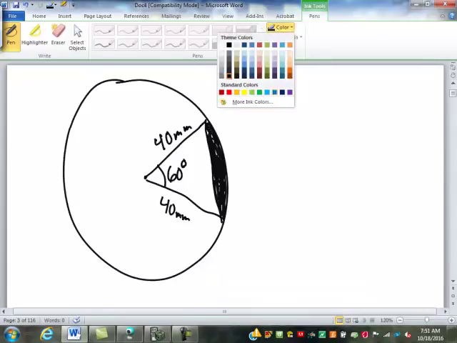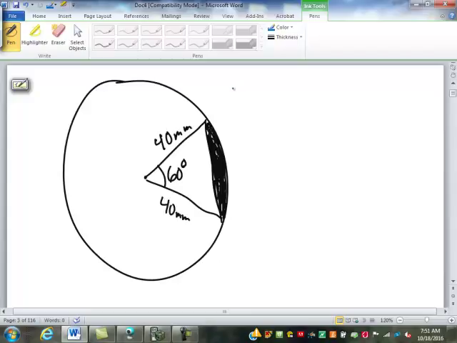So now, of course, first thing you're going to have to do is find the area of the sector, the pie wedge. How do you find that area? You find the area of the whole circle first. Pi times 40 squared, which is going to be how much? 5,024 millimeters squared.